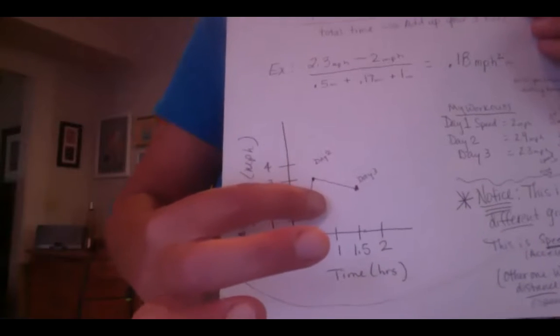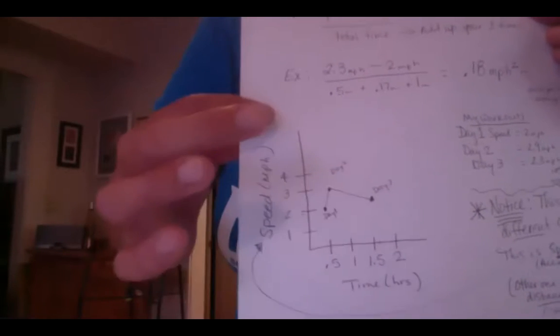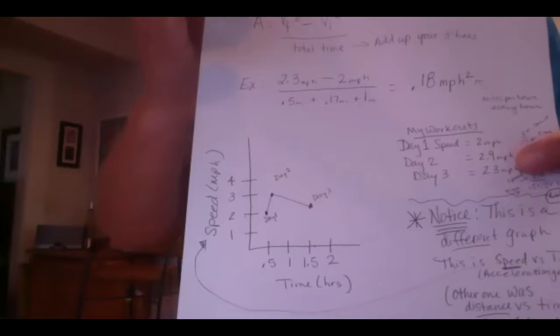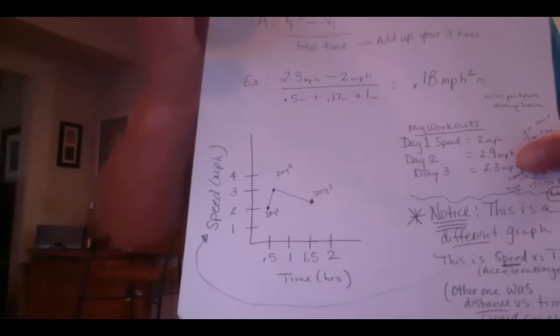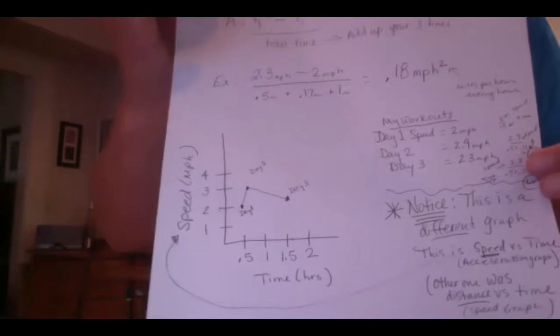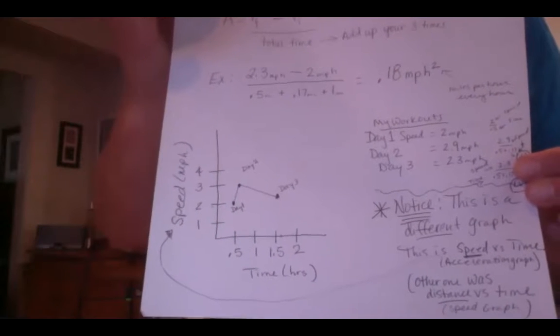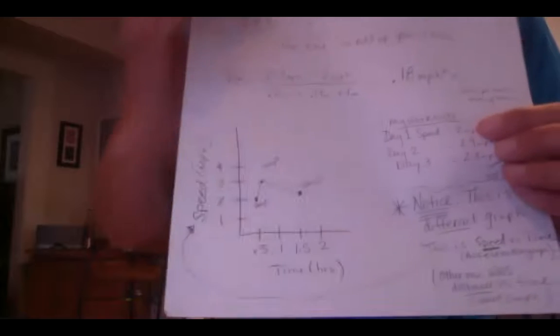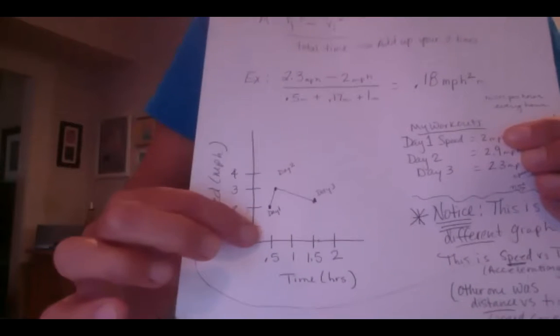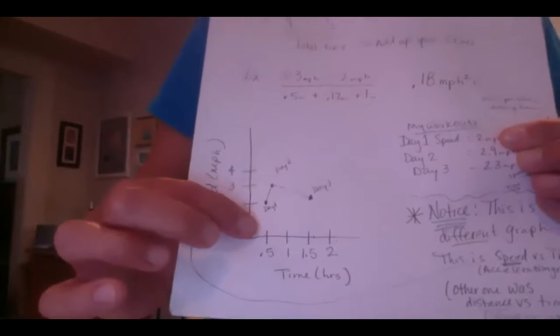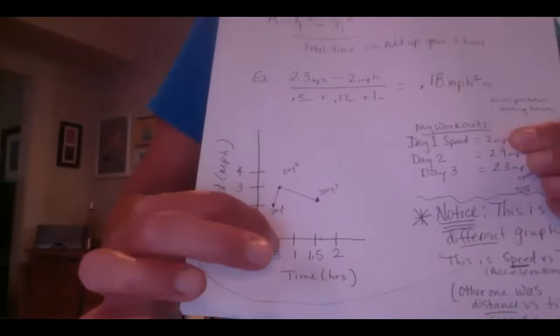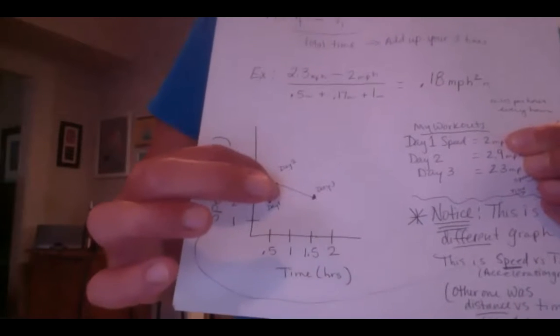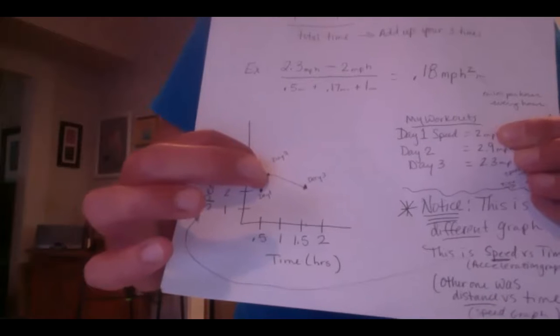Day 2, you want to take your speed at day 2, which for me was 2.9 miles per hour. And I want to add up my time from day 1 and day 2. So I did that right here, 0.5 plus 0.17, which is 0.67. So on my graph, I'm at 0.67, which is just a little bit past the 0.5 and all the way up almost to 3 at 2.9. So that's my day 2.